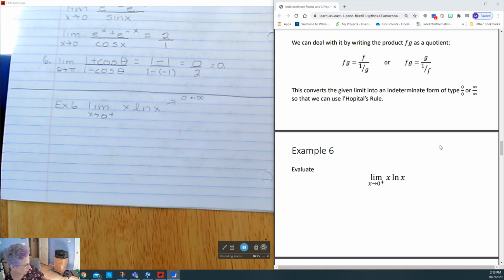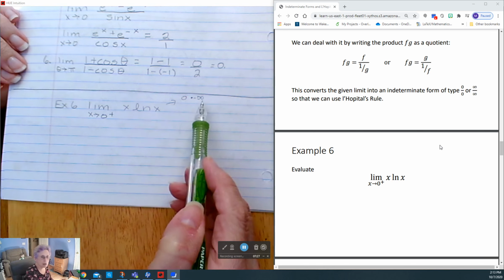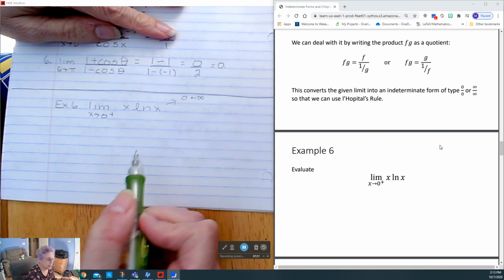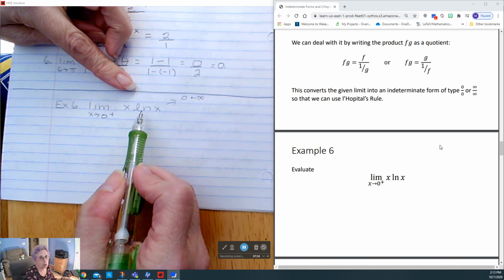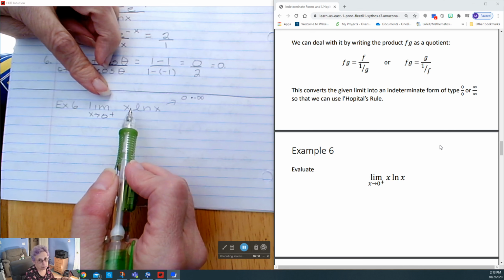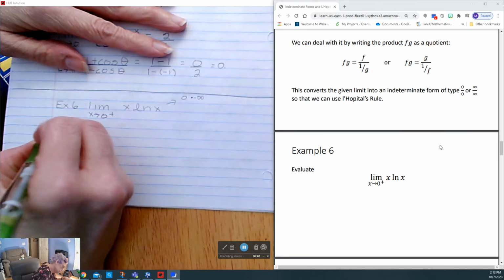So, if you have 0 times positive or negative infinity, you can rewrite it. Now, I usually put the more complicated thing on top and 1 over the simpler function on the bottom.